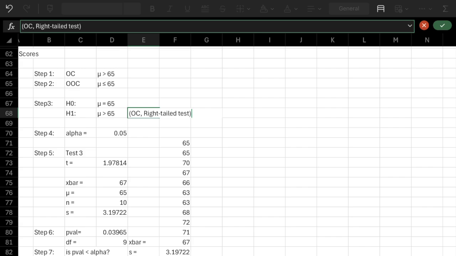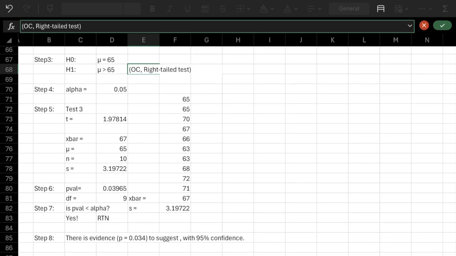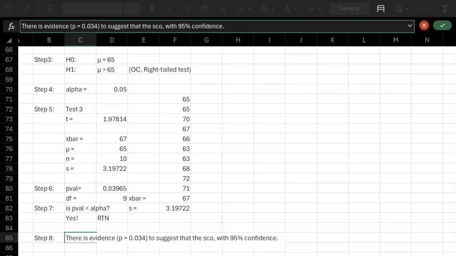I'm not going to be saying reject. I'm going to be saying support or suggests. So there is evidence to suggest that the score was greater than 65 with 95% confidence. Okay, so there it is.